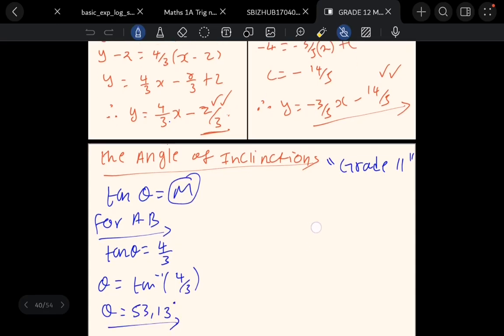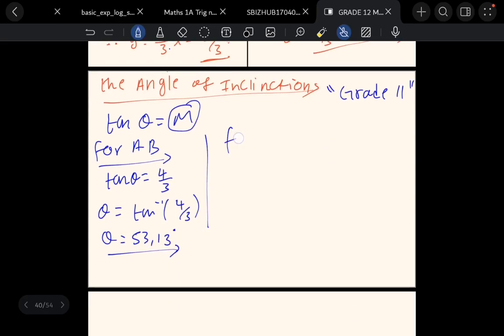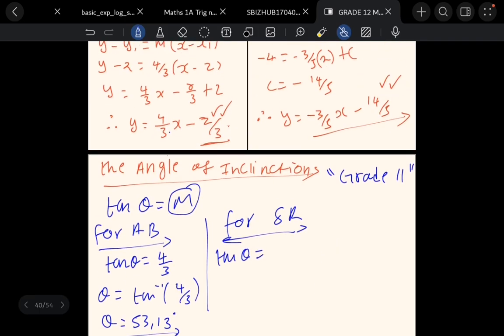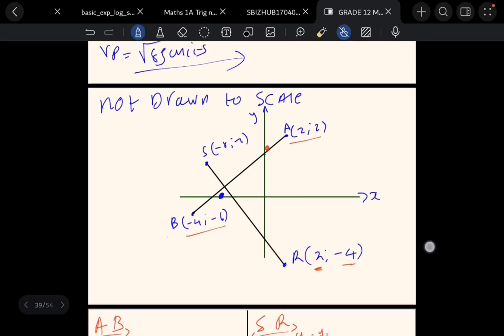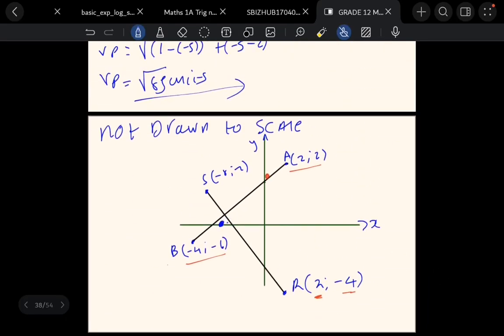And then for SR, tan theta is negative 3 over 5. Now, since this gradient is negative, the angle of inclination is this angle.